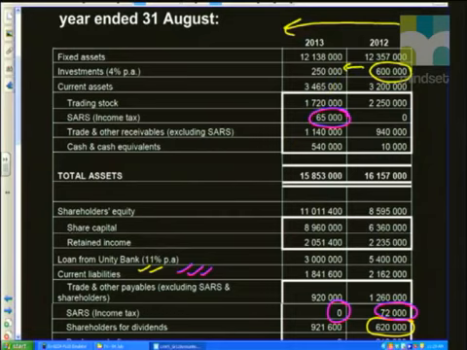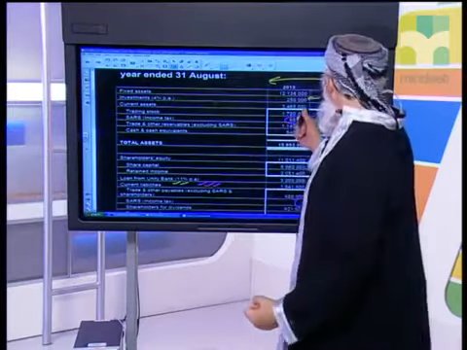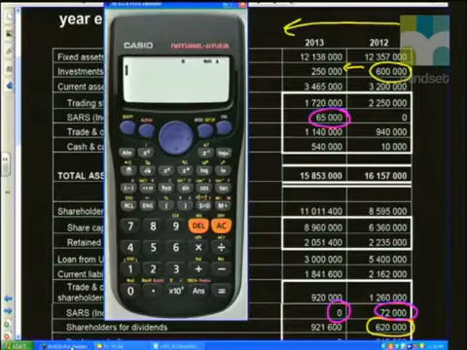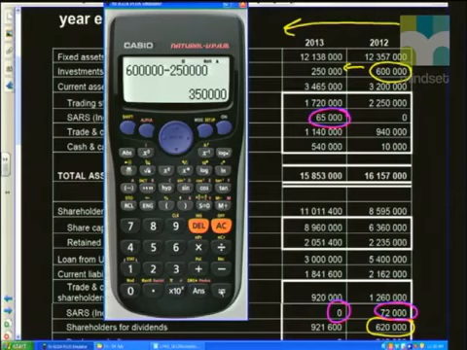So 600,000 minus 250,000 is equal to 350,000.